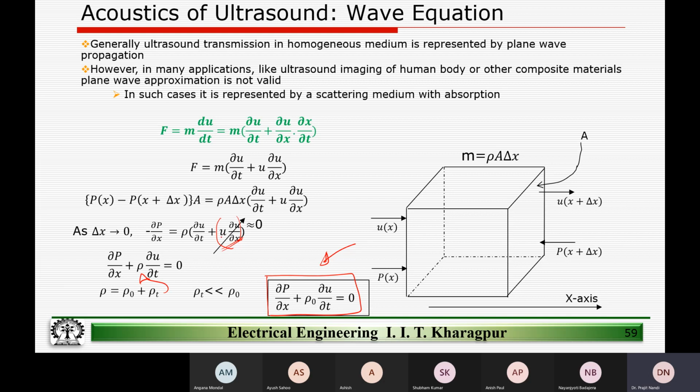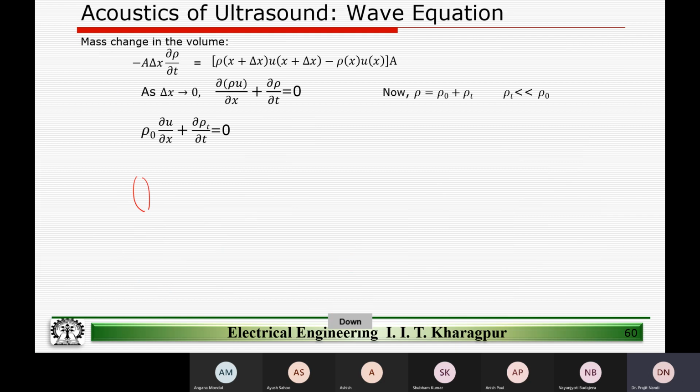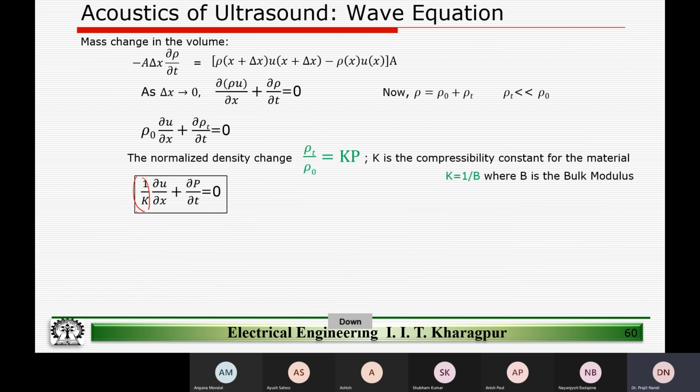The speed of the particle itself is low, and when it's going in a fluid, the particle movements are small. So u multiplied by del u del x is very small, whereas there we have this 1 by k term.